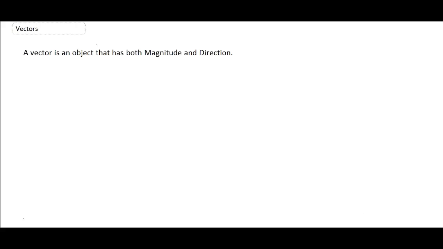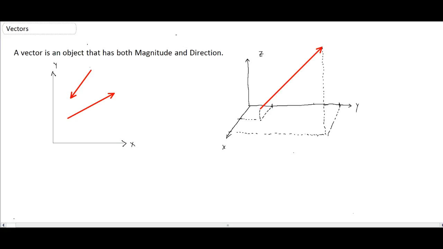So how can we represent these objects so we can work with them? One way to do that is to use this intuitive idea that if something has both magnitude and direction, then why not use an arrow, right? So here are some vectors represented using arrows.